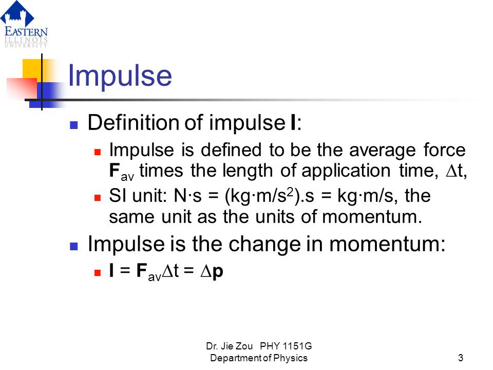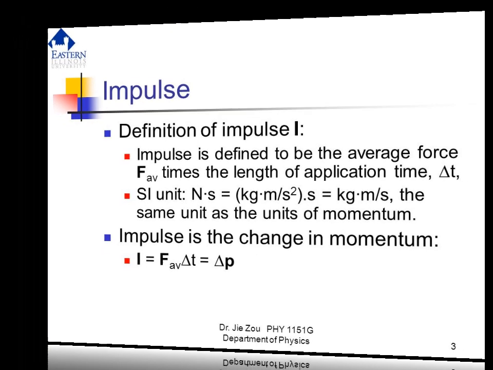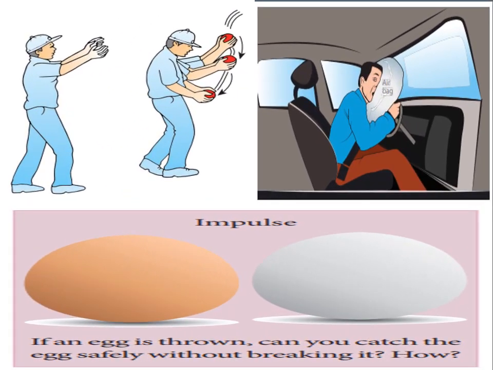I will give you some illustrations, then you can understand clearly what impulse is. See the examples. First example: when a cricket player catches the ball, he pulls his hand gradually in the direction of the ball's motion, isn't it?